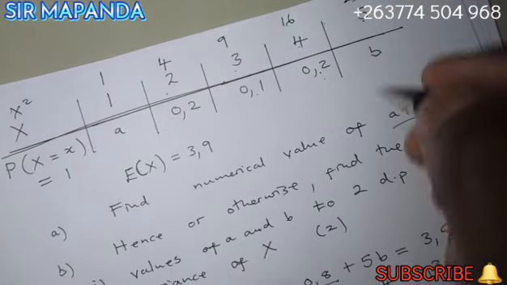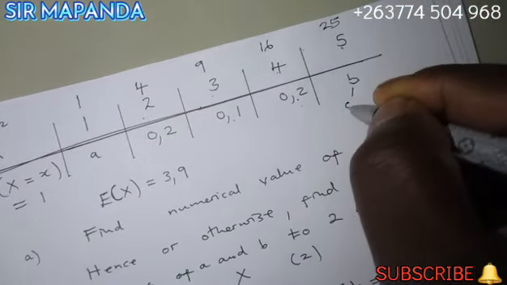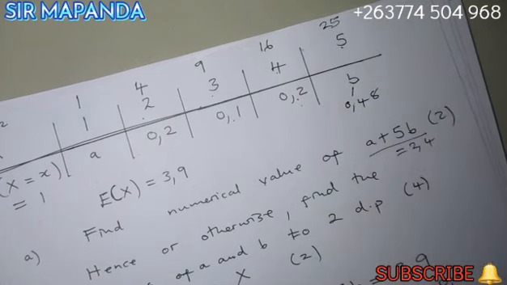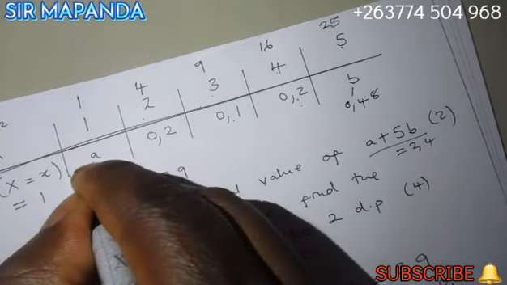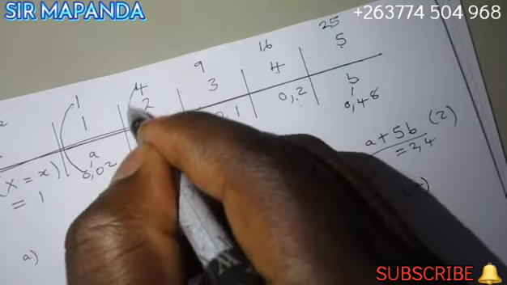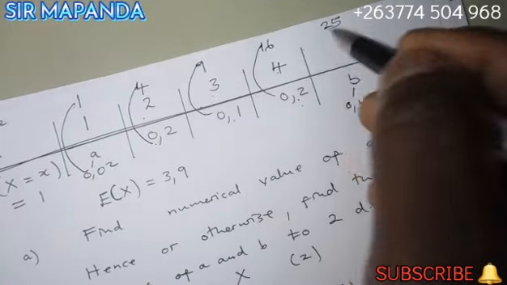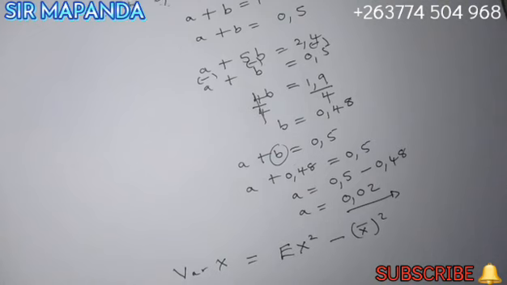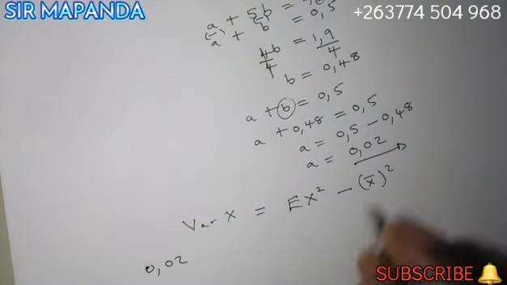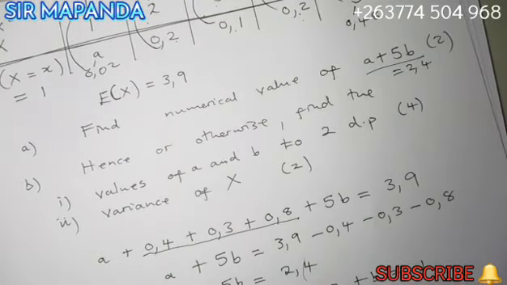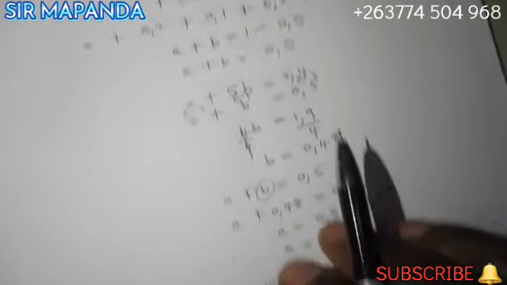So now that b, we found in the previous part as 0.48 and a is 0.02. You now multiply the values of x squared with the corresponding probabilities to get your E(X squared). So 1 times 0.02, you get 0.02 here, plus 4 times 0.2, you get 0.8.